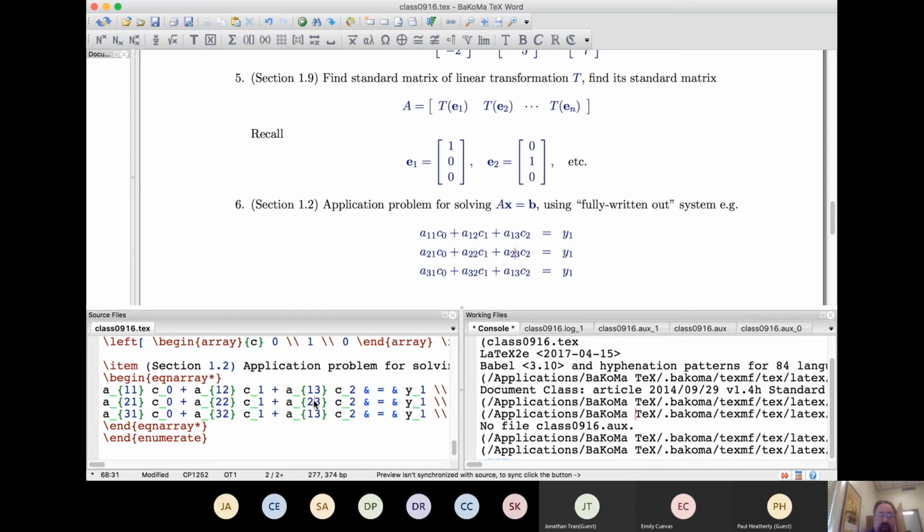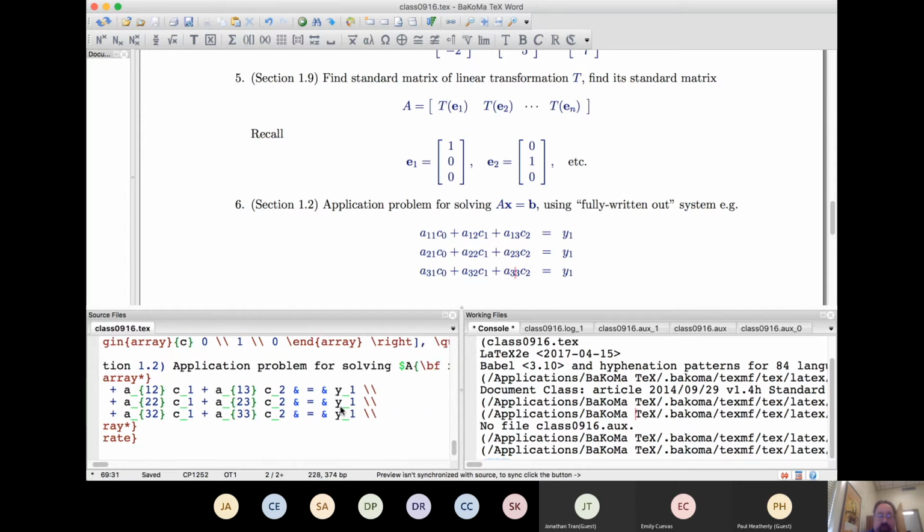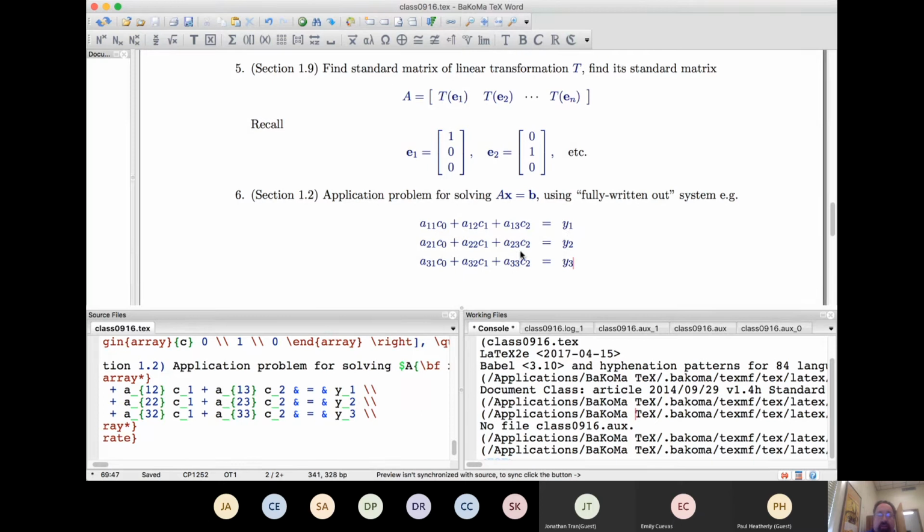So these coefficients, the aij, those would be the elements of your matrix. The y's would be your right-hand side, and then the unknowns would be C0, C1, C2.